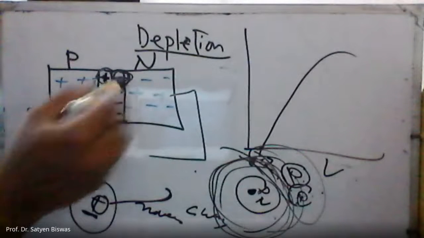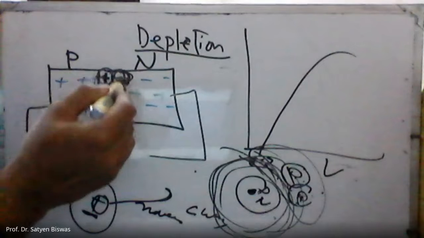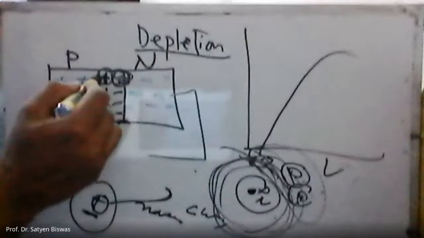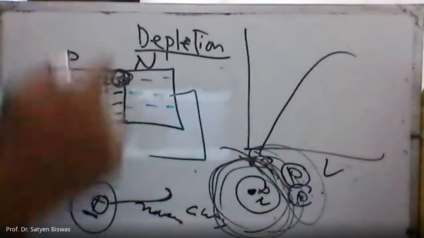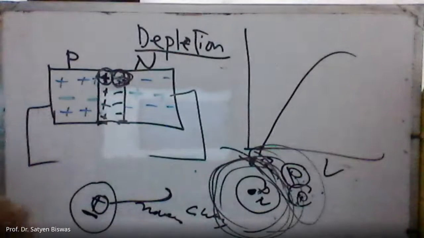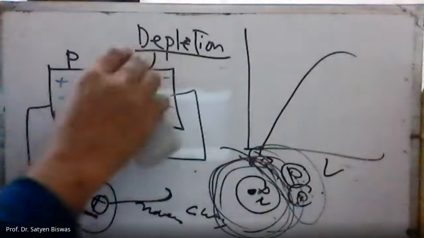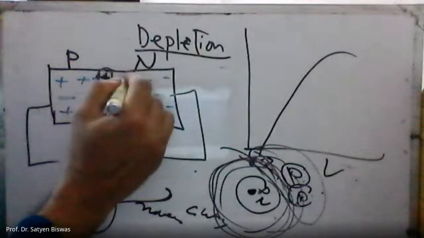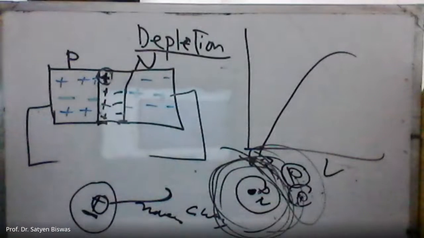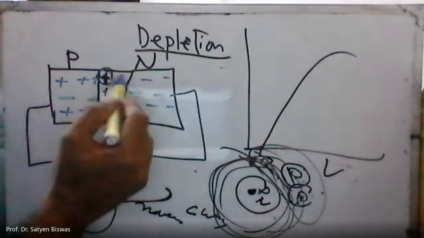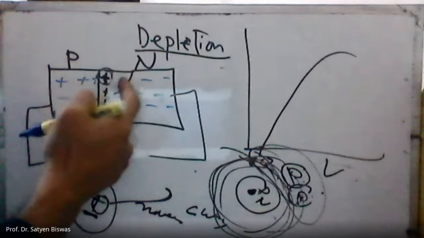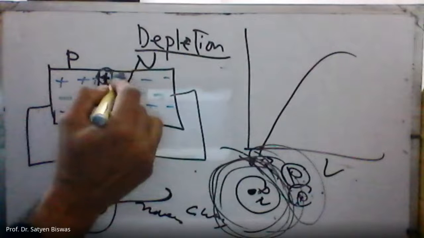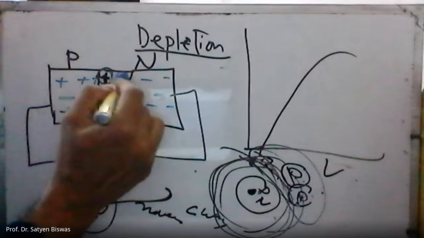So some electrons will leave from the right side and go here. Right? So then what will happen on the right side? I'm showing only one, in blue color. Let's say from the right side there was an electron, and that electron left this place. So then what happened? The positive ion will be left there, and I'm using a circle.